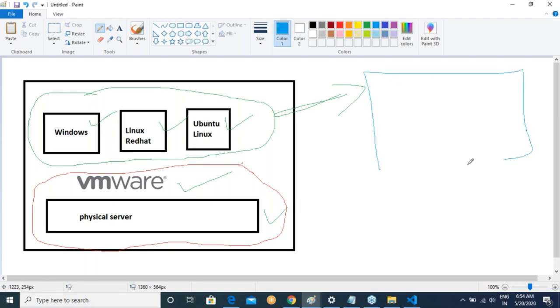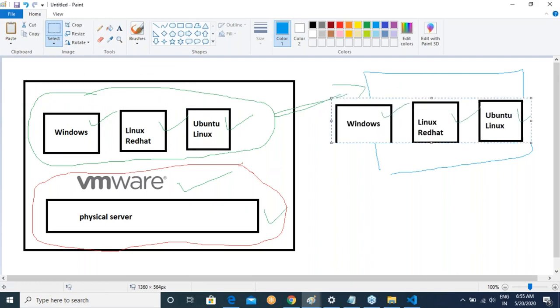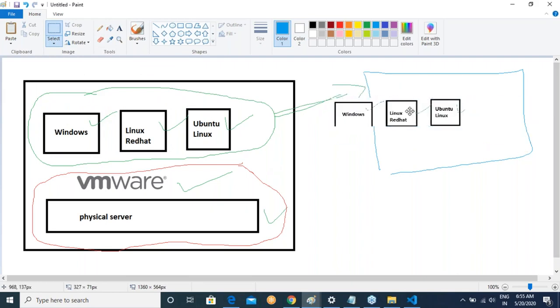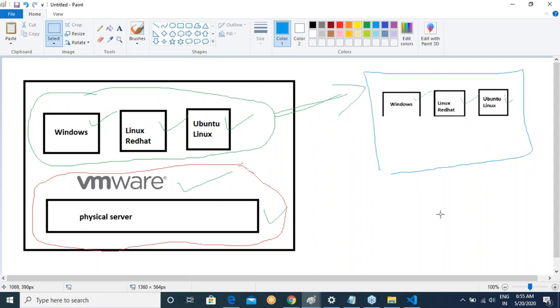On Azure you will have the Windows VM, Linux VM, and Red Hat VM as a result of this migration. Once this migration is completed, if you consider the one in blue over here, this is what it might look like.